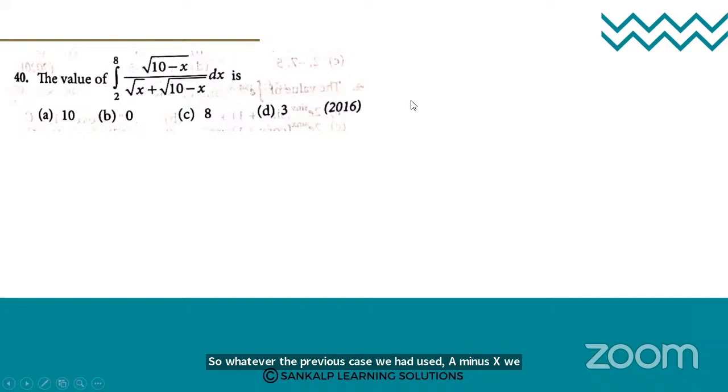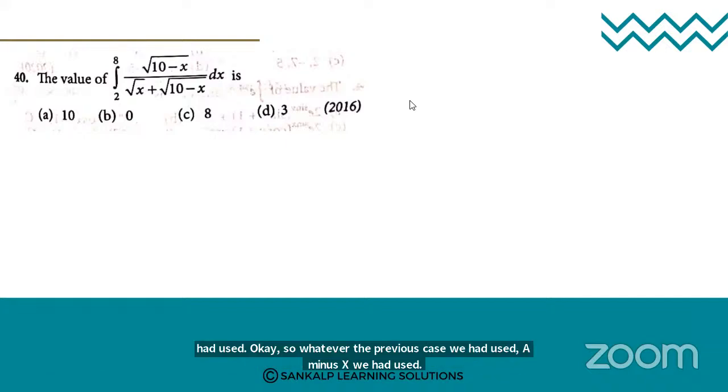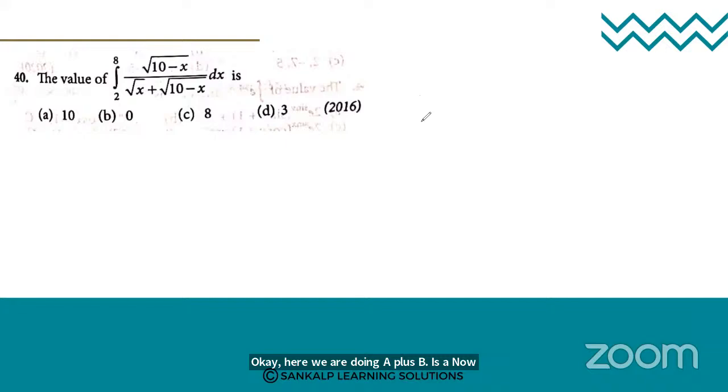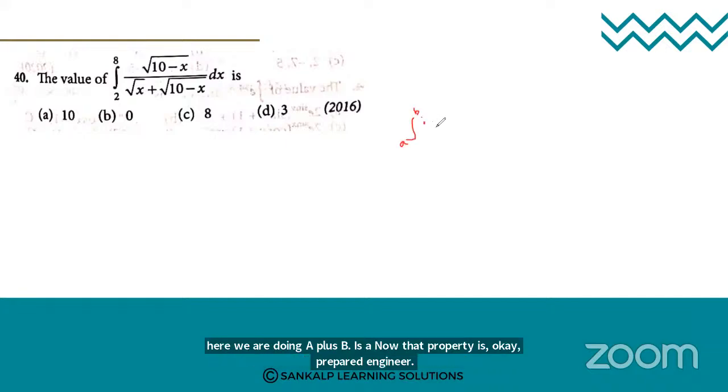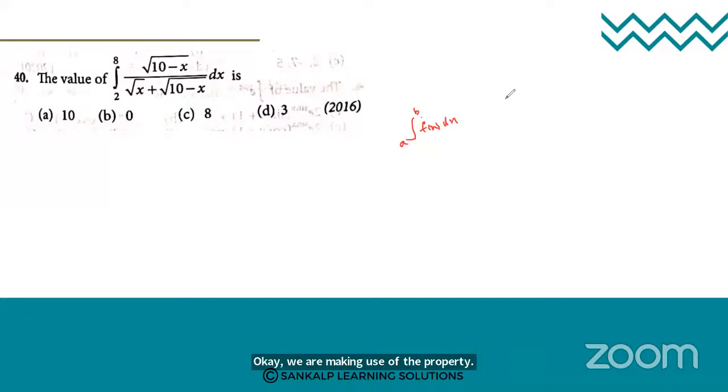Pay attention. The property is the integral from a to b of f of x dx is equal to the integral from a to b of f of a plus b minus x dx.